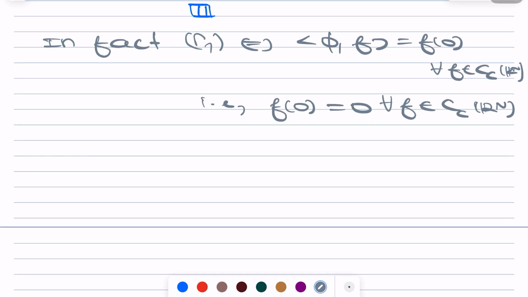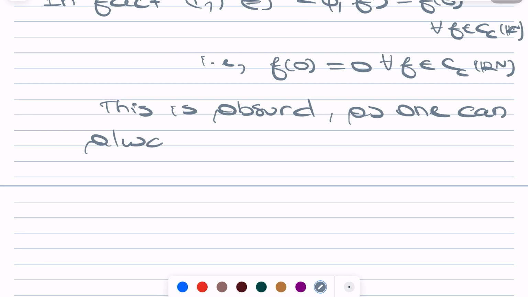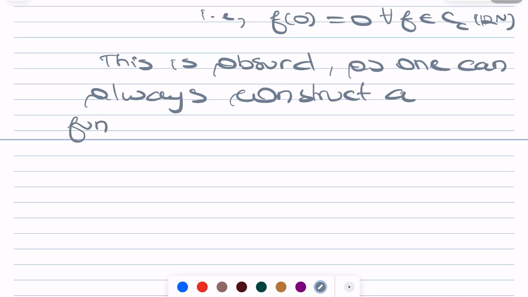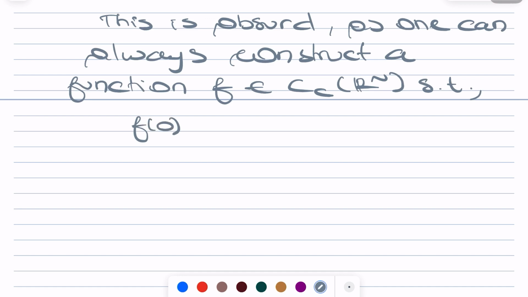But this is absurd, as one can always construct a function f with compact support such that f of 0 is different from 0.